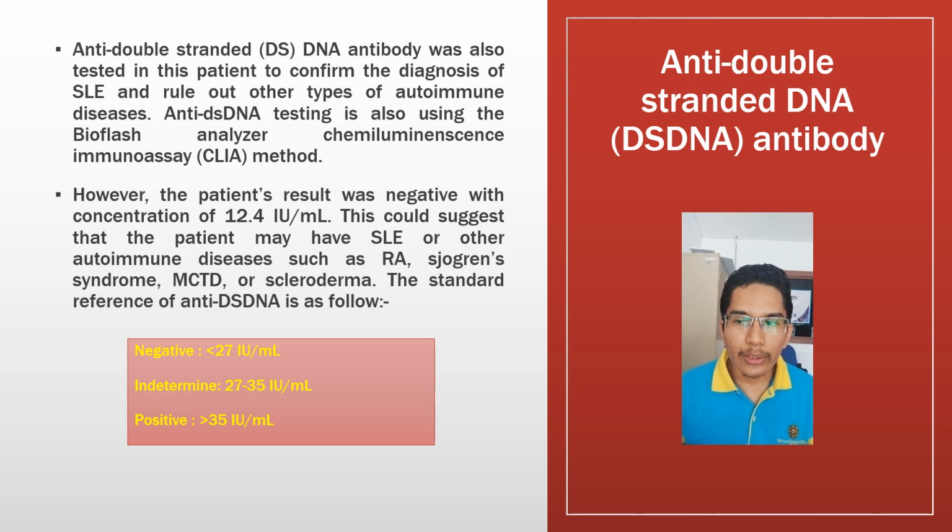However, the patient's result was negative with a concentration of 12.4 international unit per milliliter. This could suggest that the patient may have SLE or other autoimmune diseases such as RA, Sjogren's syndrome, MCTD, or scleroderma. The standard reference of anti-dsDNA is as follows.